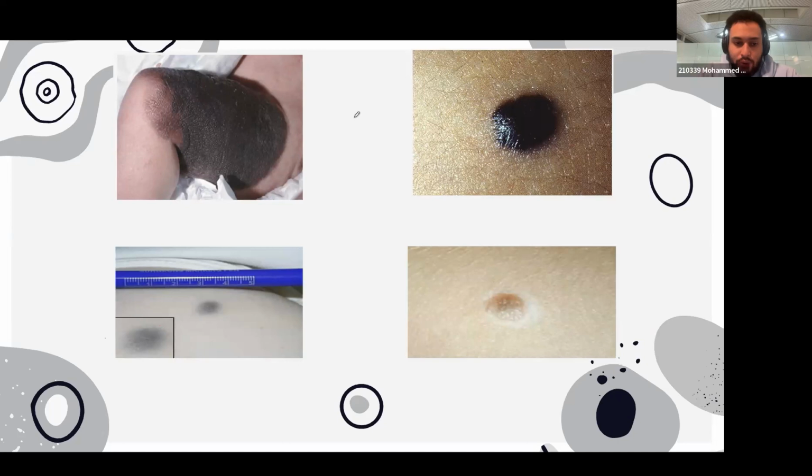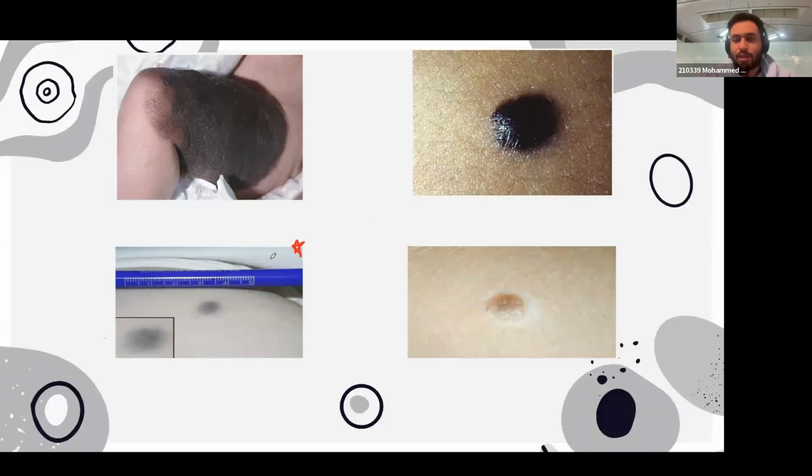What's the first one? This one. These are all nevi. Okay, so I need you guys to tell me what the nevi are. Congenital. Good. What's this one? Blue. Okay, blue nevi. They put this blue ruler just to show you that it's colored blue. It's very important.